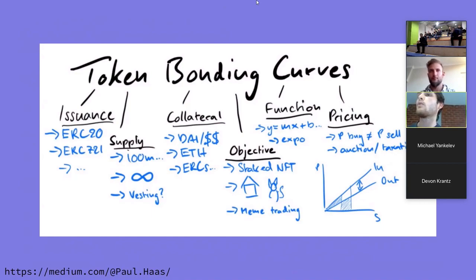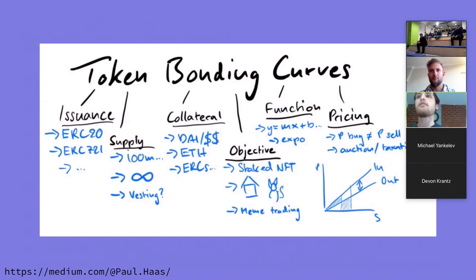The other core design parameter is collateral. I'm sure everyone's heard of MakerDAO and their DAI token. That is basically a token that has a lot more stability than traditional crypto tokens, in that through some complex financial mathematics, they managed to tie the value of one DAI to $1.